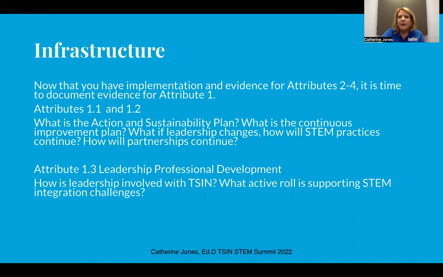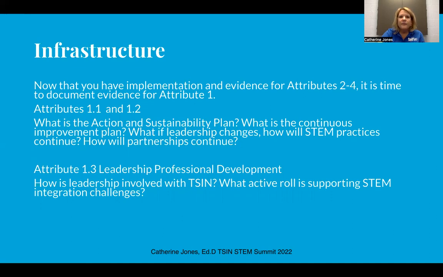So really it would be making sure that the new principal understood the culture of the building, and hopefully that would be included in their interview process. And then like I said, some partnerships may happen with leadership, but generally it's a community-based relationship, and hopefully those will continue. But you'll need to document that, like what do you have in place for continued growth and continued STEM practices.